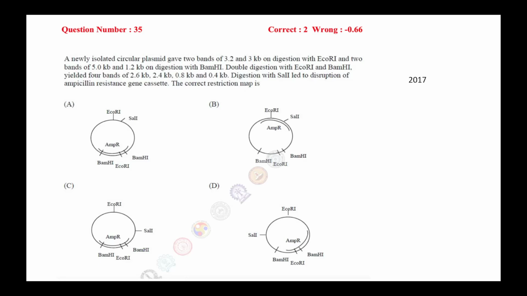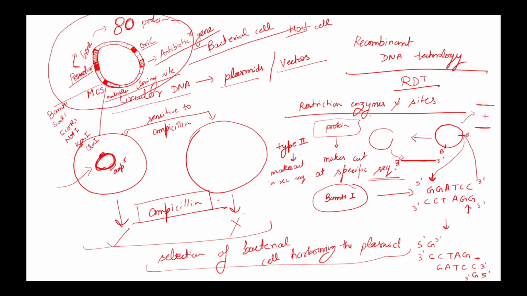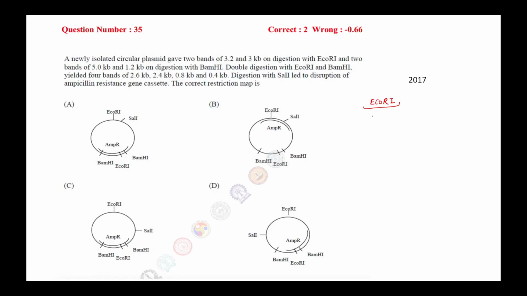So on digestion with EcoR1, if this plasmid is digested with EcoR1, it gives you two bands of sizes 3.2 and 3 kb.